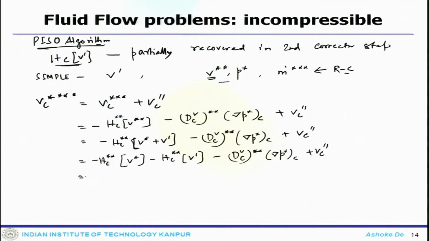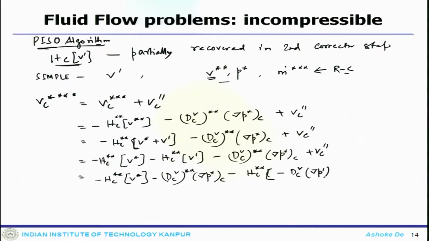If you write Hc double star V star minus Dc V double star delta P star C minus Hc double star V prime minus Dc V delta P prime C plus Vc double prime, this is equivalent to your Vc triple star.